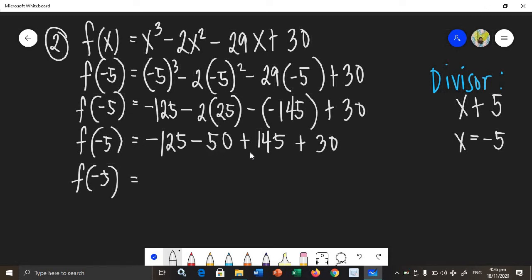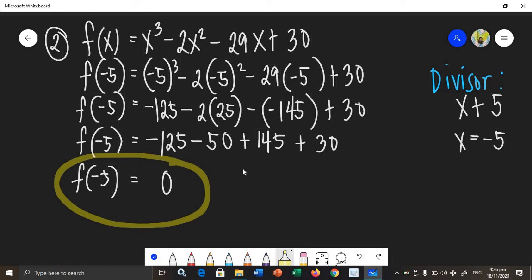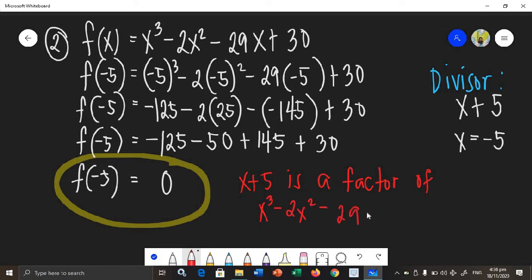Plus 145, the answer is negative 30. Plus 30, the answer is 0. So, therefore, again, we come up with 0 as the remainder. Therefore, we can conclude that the divisor, which is x plus 5, is a factor of the given polynomial here of x cubed minus 2x squared minus 29x plus 30.